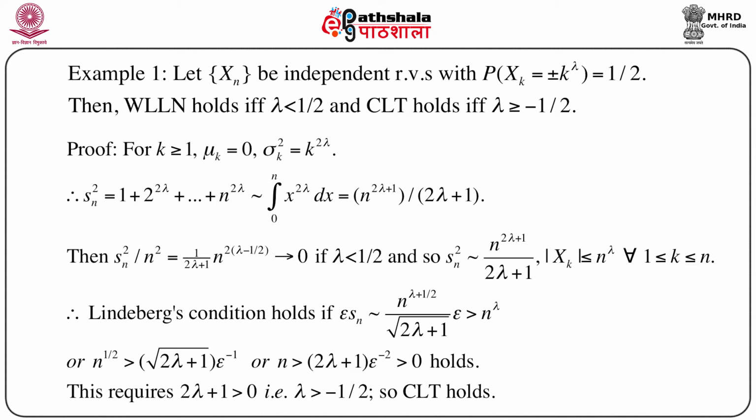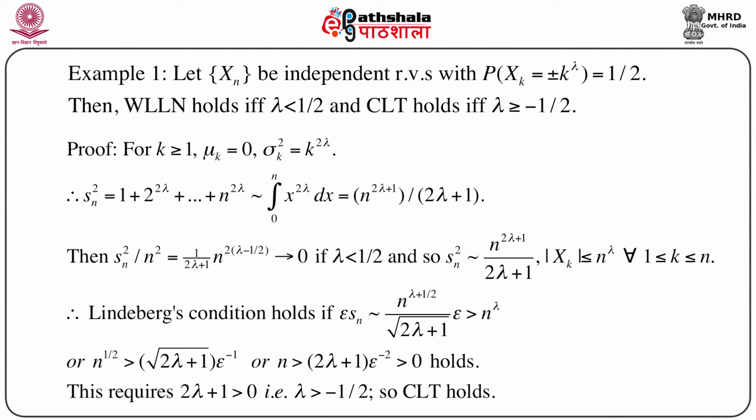Now Sn square equals 1 plus 2 to the power 2 lambda plus 3 to the power 2 lambda and so on up to n to the power 2 lambda, which we can approximate for large n as the integral from 0 to n of x to the power 2 lambda dx, which equals n to the power 2 lambda plus 1 by 2 lambda plus 1.